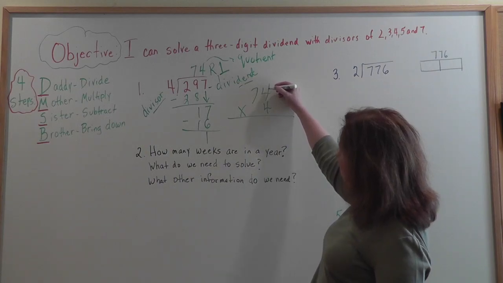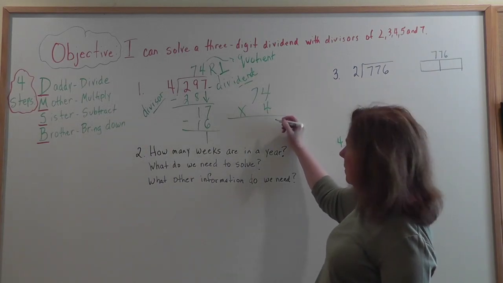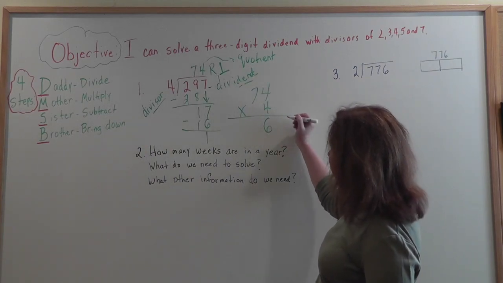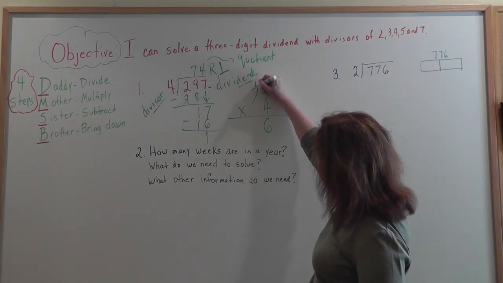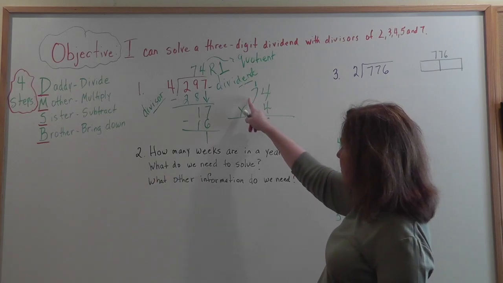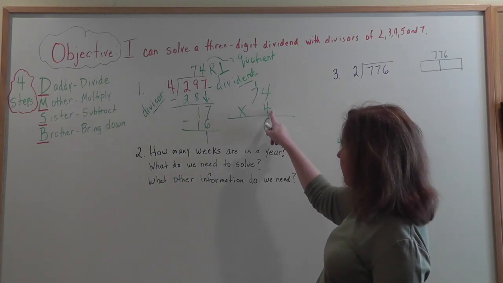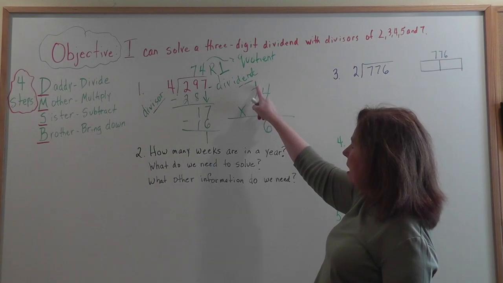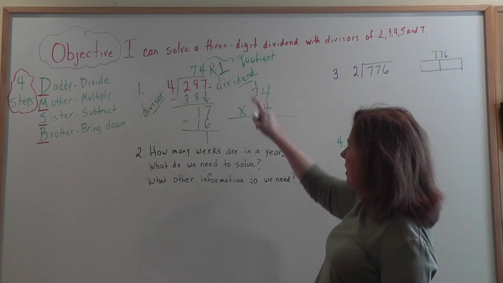Okay, I start with my 1s. 4 times 4 is 16. I put down my 6. I carry my 10 from 16 over to my tens place. And then I'll multiply my tens. 7 times 4 is 28, plus the 10 that I brought over is 29.